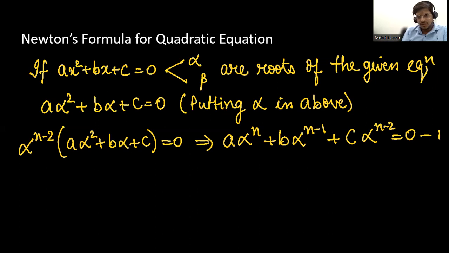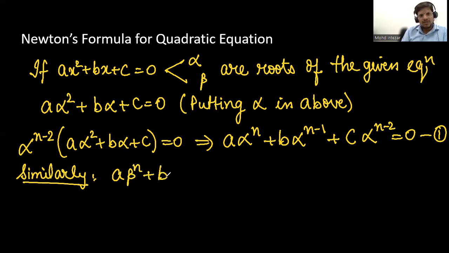Suppose this is equation 1. Similarly, we can do this with beta also, because beta is also a root of this equation. So a beta to the power n plus b beta to the power n minus 1 plus c beta to the power n minus 2 is equal to 0. This is equation 2.